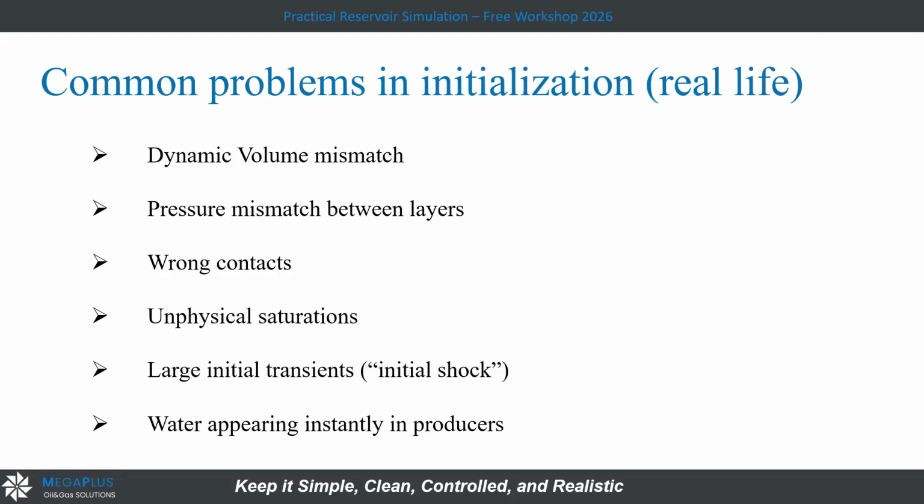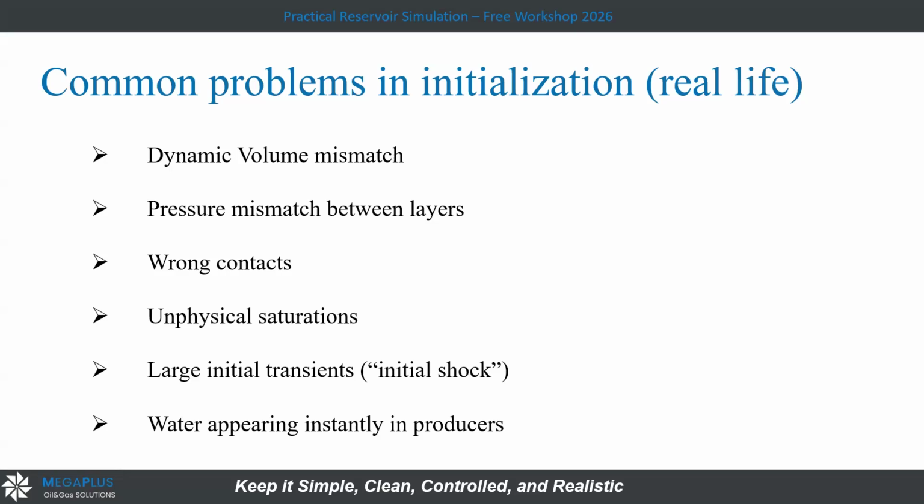Another issue, pressure mismatch between layers, after the static model, when you put in your inputs to make the initialization. If there is something wrong, you can find, as an example, a grid cell of water beside a grid cell of oil, because of the cell upscaling.